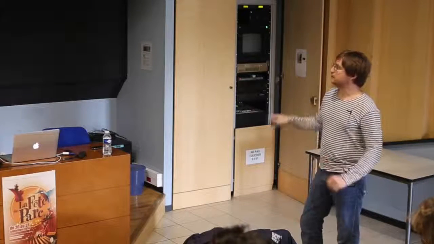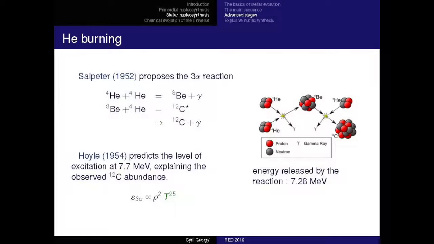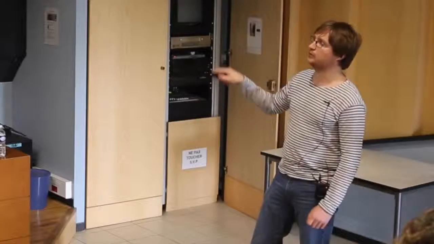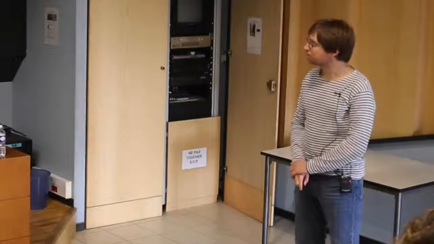You can see that again this reaction is extremely energetic. Its dependence on the temperature is very high, temperature at the power of 25. So again, it will be extremely peaked toward the center of your stars, and this explains why in stars this helium burning occurs in a convective core again.